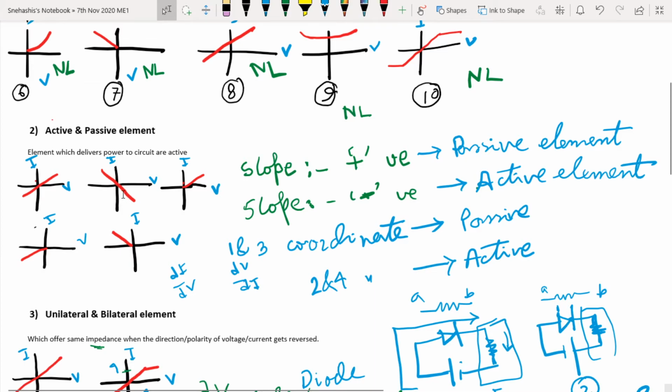If we analyze the VI characteristics, the slope for an active element is negative and it covers the second and fourth quadrants. So this is an active element.